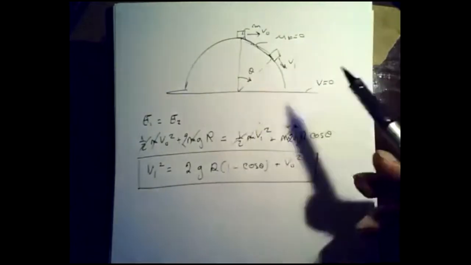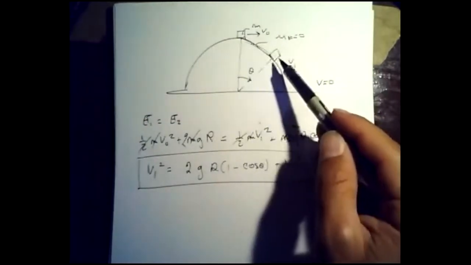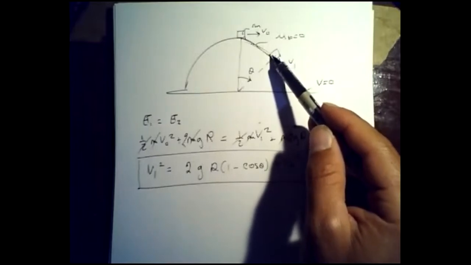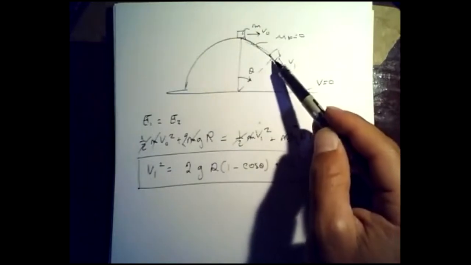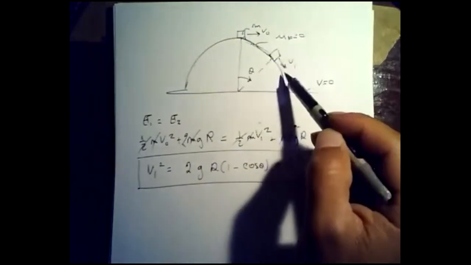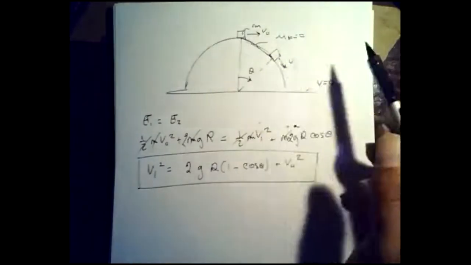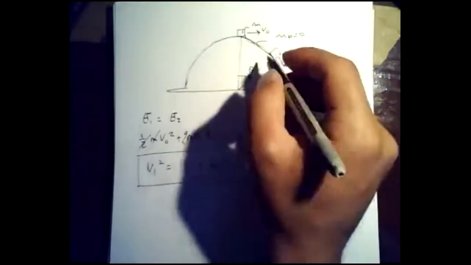However, something I could ask you on this problem is to find the angle where the normal force is zero, or when this object is about to take off from here, right? Or find the angle where this object begins to lose contact with the surface. To do that, you have to draw a free body diagram.